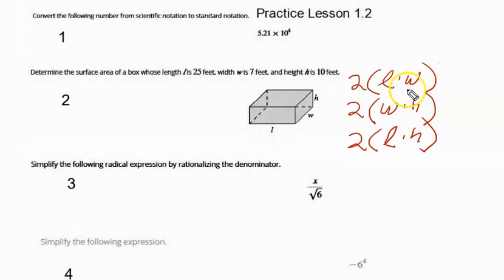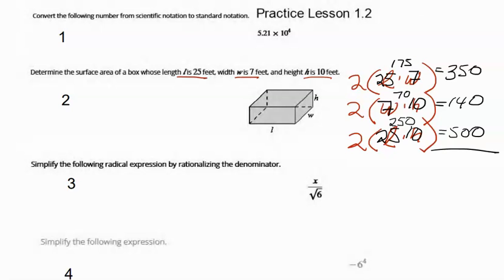Okay, so now on your own, keeping in mind that the length is 25, the width is 7, and the height is 10, do some substitution here, and let's see how far you can go on your own, and I'll do it on my end as well. So what I did is I substituted our values.